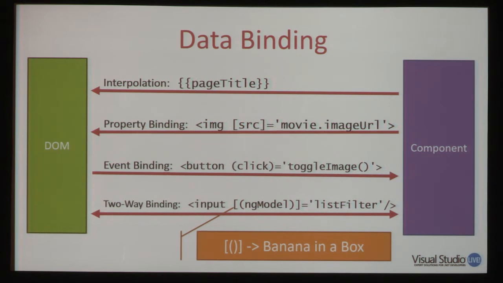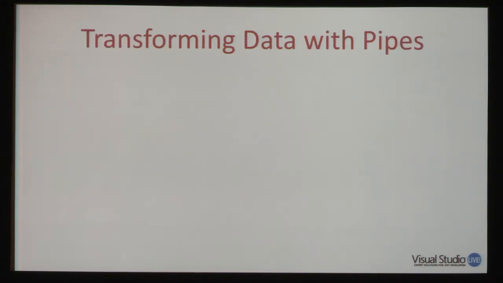And that's the two-way binding. So if we edit the value in the component of the list filter property, the DOM will automatically recognize it. If the user changes that value, like it's tied to an input box, like in that example, then the component will get the changes. Okay, so very extensive binding capabilities in Angular 2.